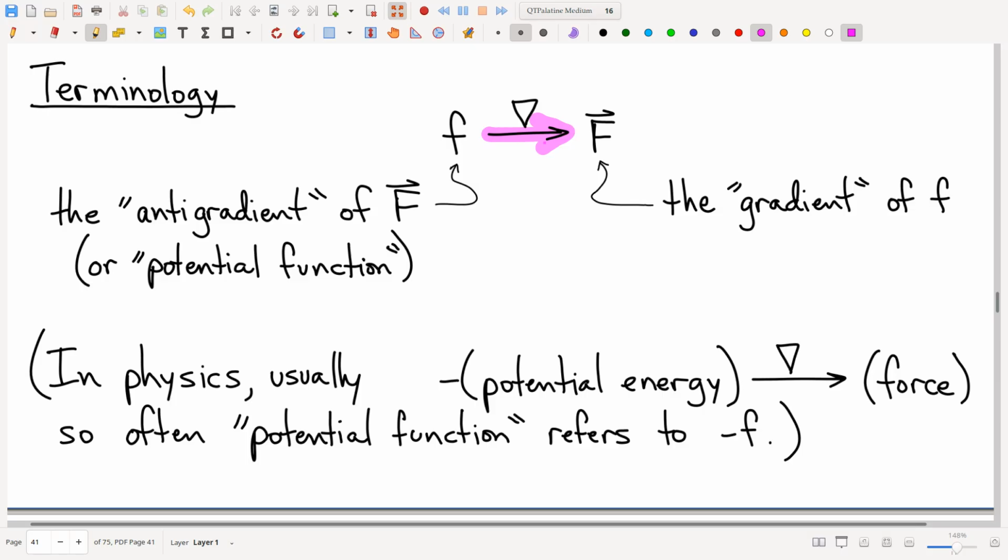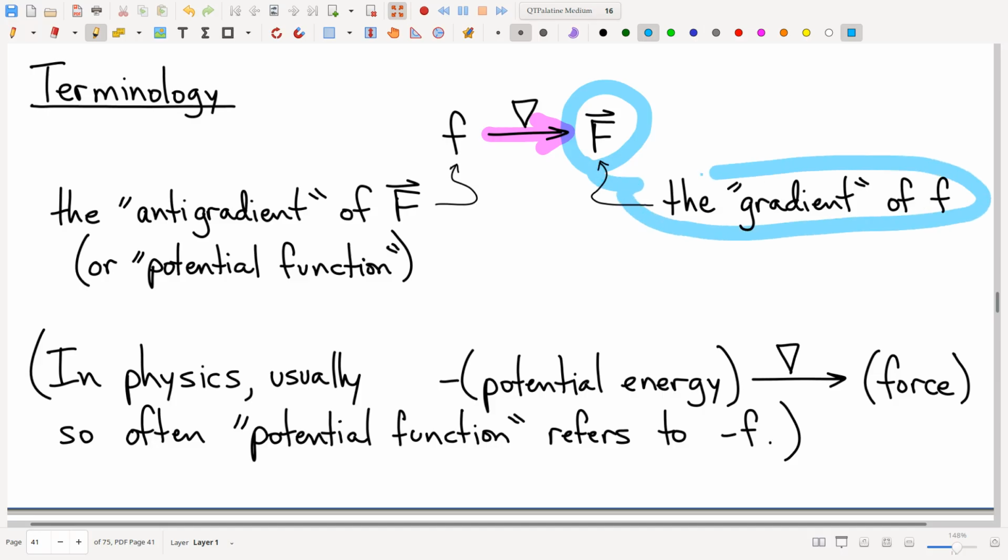And I think it's pretty reasonable that the thing that comes out of the gradient operator, we should call the gradient, because that's how we computed it. It's the gradient. So let's call it the gradient. Isn't that extremely natural? Right? When you take a derivative of something, you call it the derivative. Well, of course you do. Right?